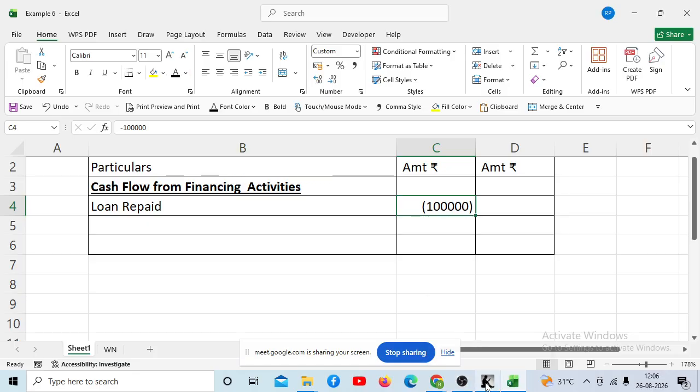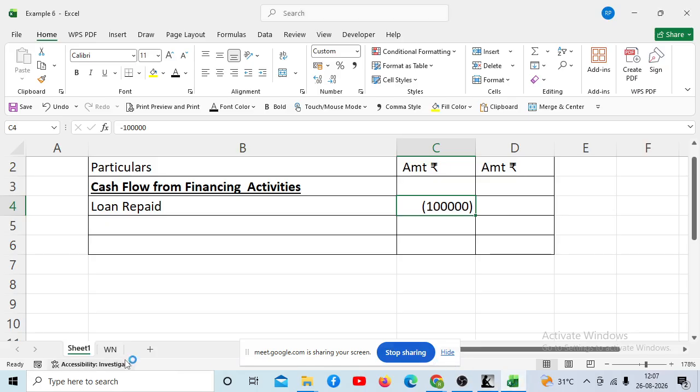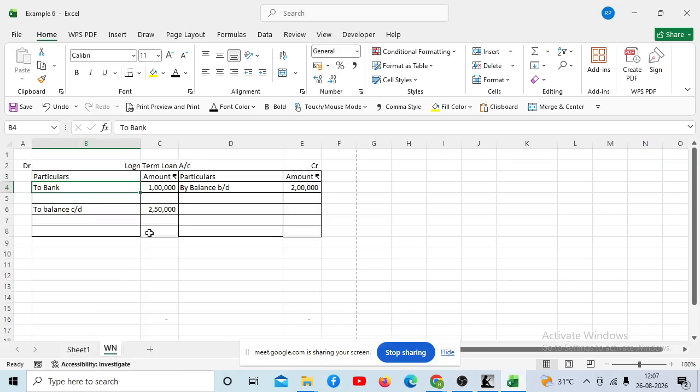Done. Now there is nothing more given, so we will close the account. Total on both sides, 3 lakh 50, 3 lakh 50. Tell me what is the difference. 1 lakh 50.